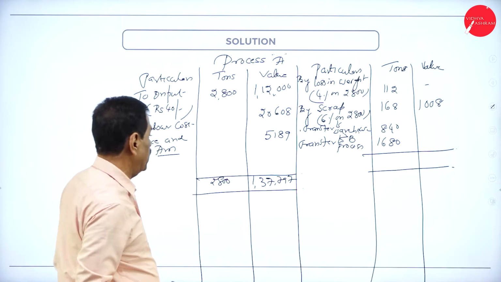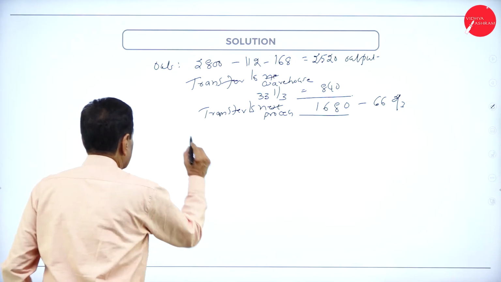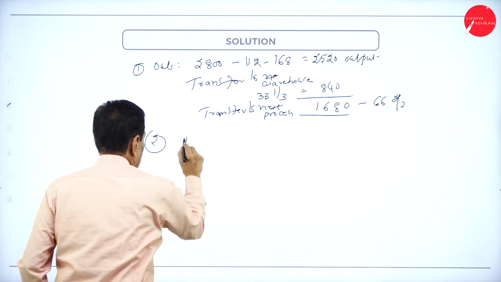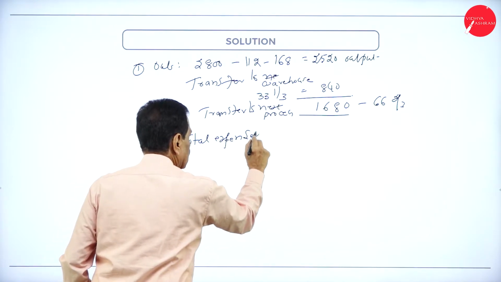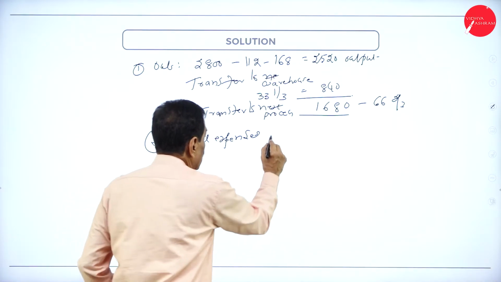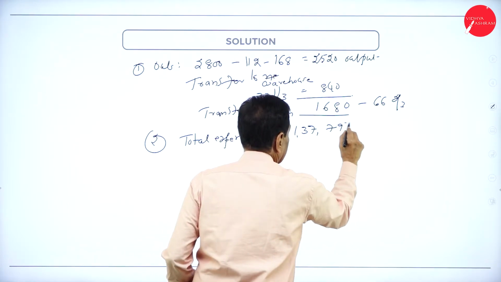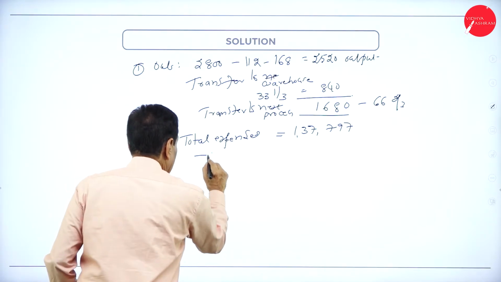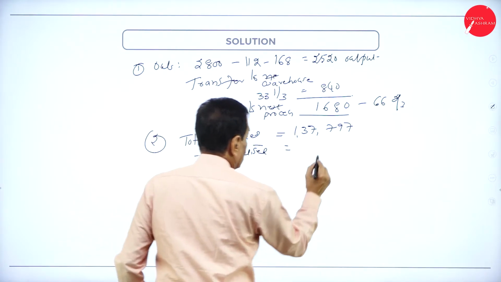Now the value you have to find out. Working note number 2, the total expenses is equal to 1,37,797 minus the amount realized, 1,008.